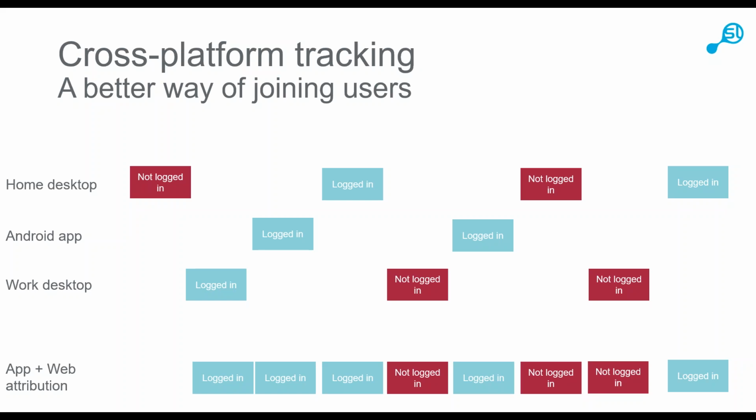So once you've logged in on a device, everything from that point onwards, whether you're logged in or not, will be joined up using the user ID. And likewise, if you log in on several different devices, that same ID will join up all of those sessions.